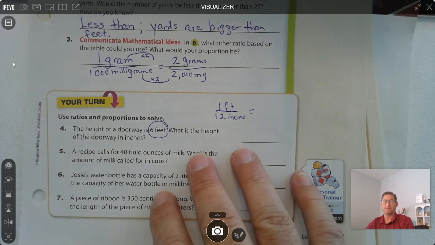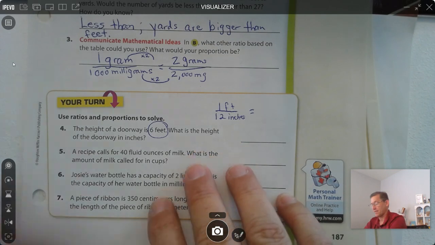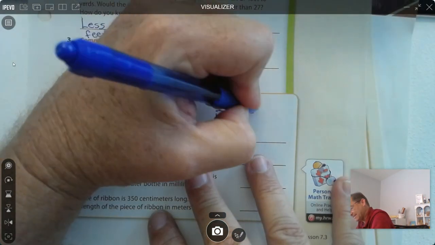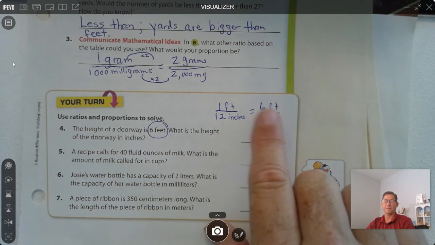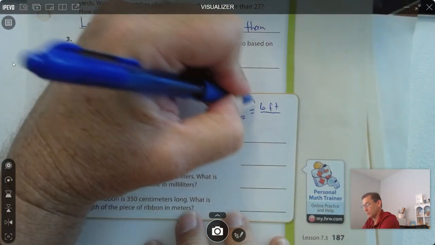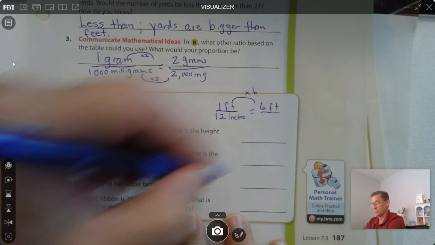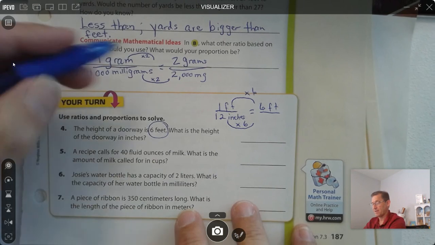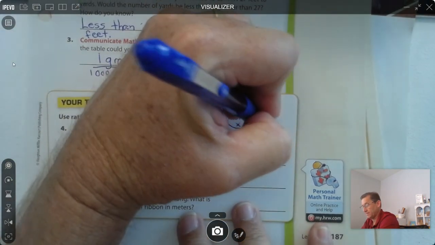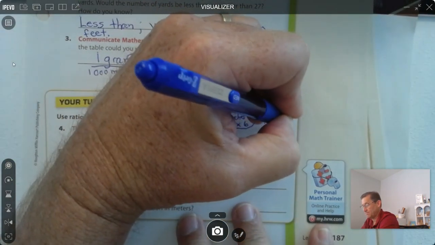That's the unit rate for inches and feet. So if we have 6 feet, how do you go from 1 to 6? Well, we multiply by 6. So multiply 12 inches by 6. And 6 times 12 is 72.